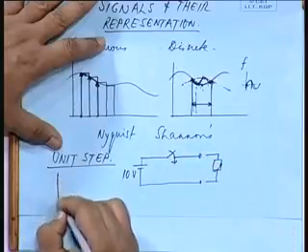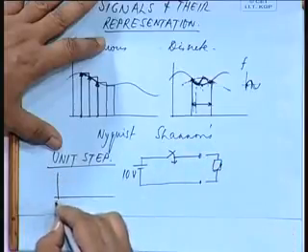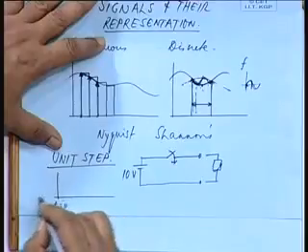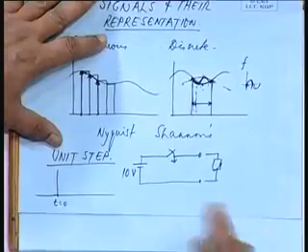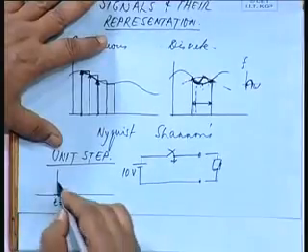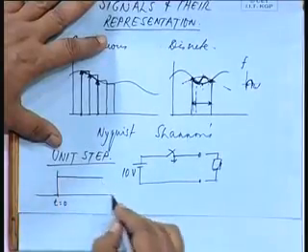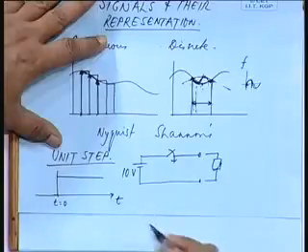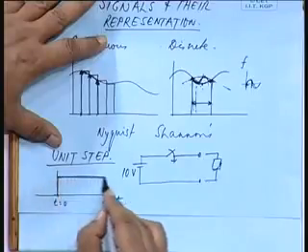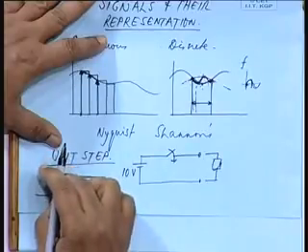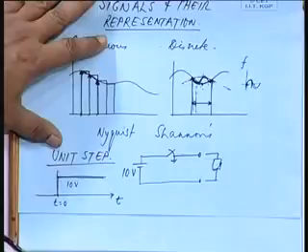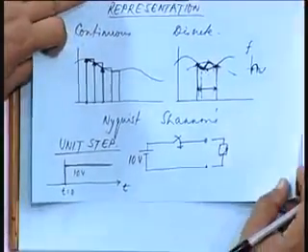So, before the switching it was 0. If we count the time from t equal to 0 at the switching instant, then this represents a step function of 10 volts. When the magnitude is 1, it is a unit step. Okay. This is the unit step.